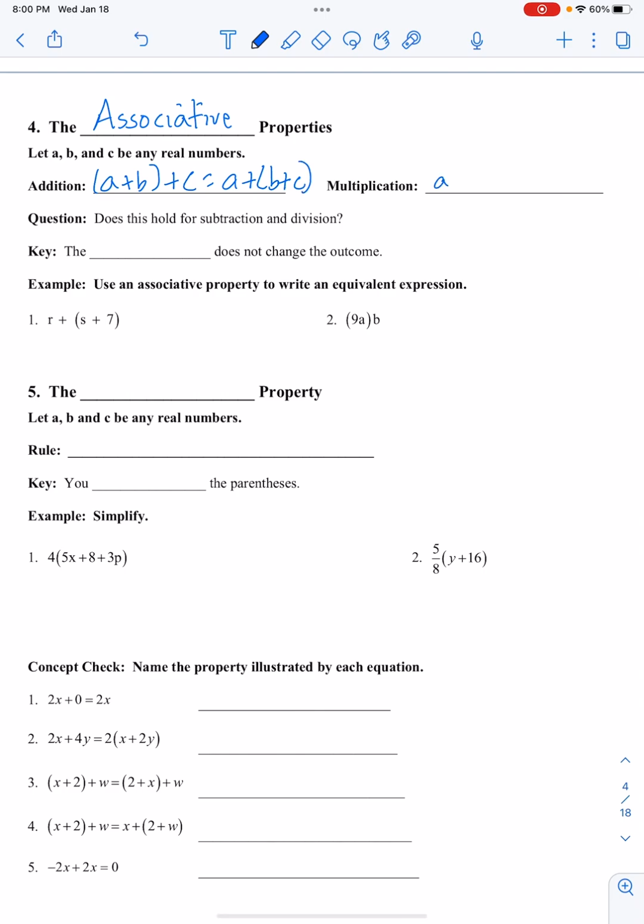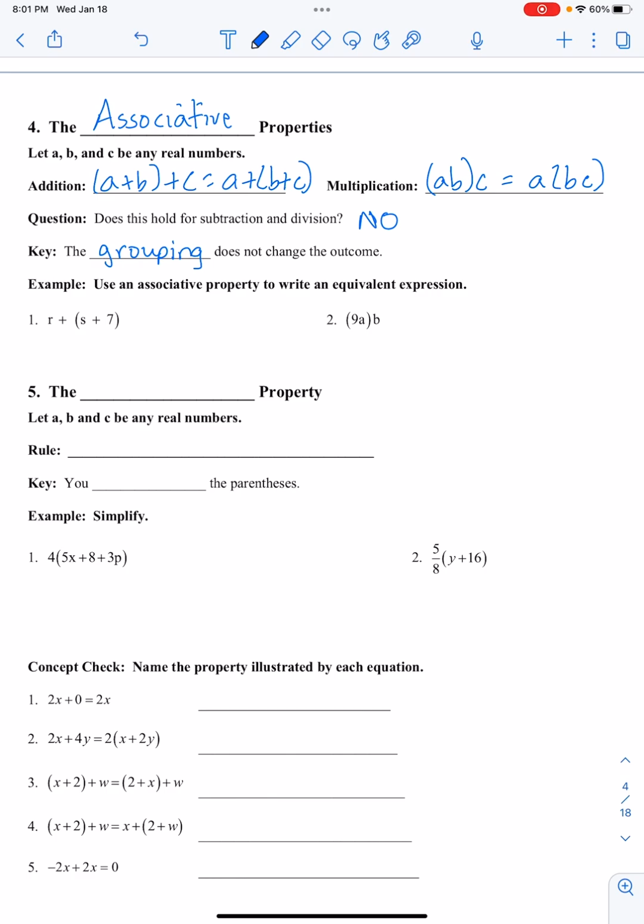Multiplication is AB grouped together times C, and that's the same as A times BC. Does this hold for subtraction and division? No. So the key is the grouping does not change the outcome.